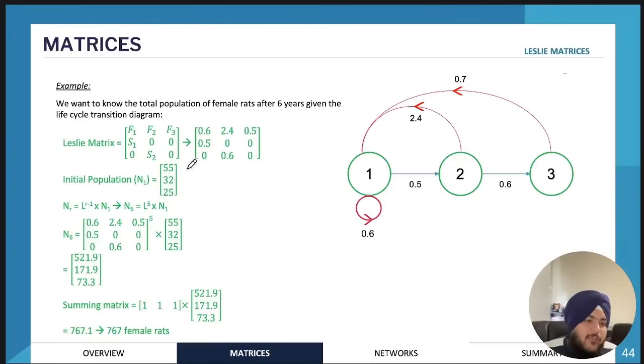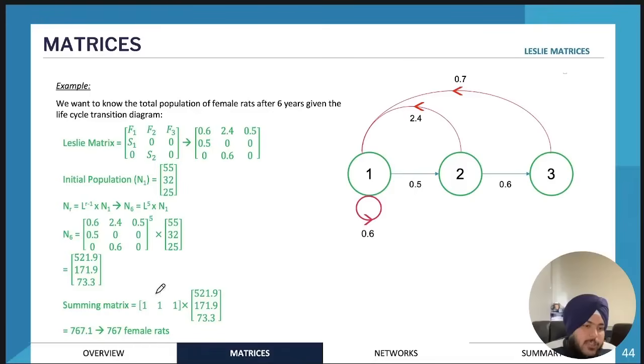And we're also going to have, very similar to transition matrices, an initial population, and then we might be required to calculate the population after 6 years, for example. So then you would put it to the power of 5 and calculate the matrices, the answer. So this is the answer here.